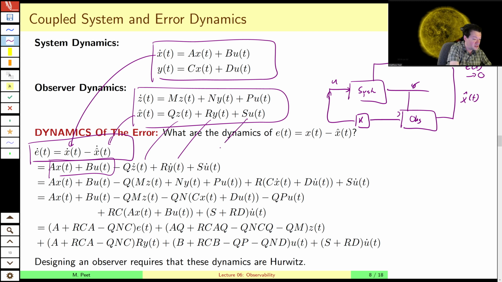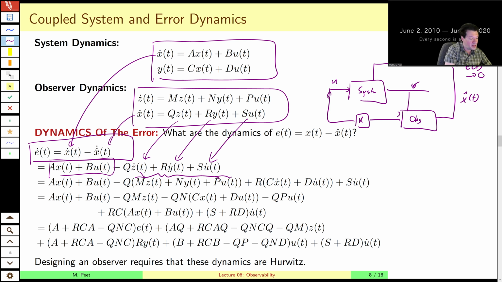Then z dot, we know the expression for z dot, and that goes to this big term right here. y dot, you just differentiate this, and that goes to this term. And u dot is just u dot.